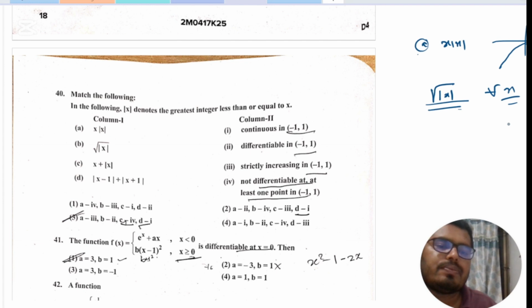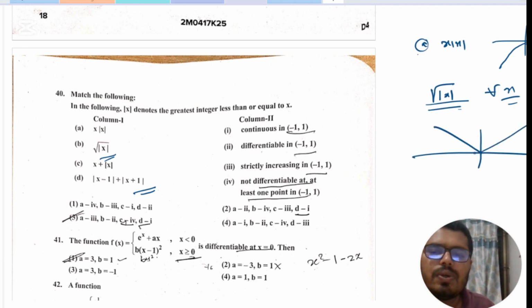Okay, then for this point, it is the mod x graph.